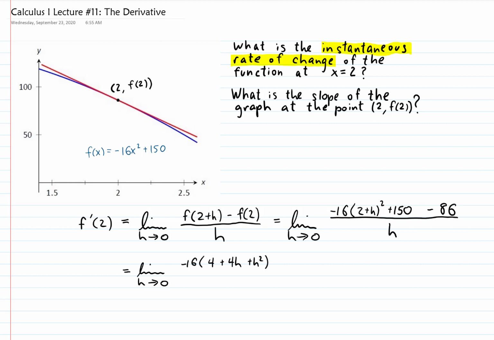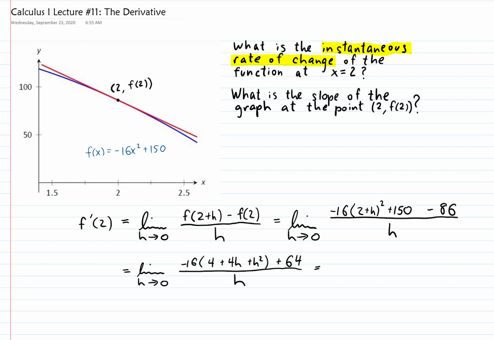And then there's plus 150 and then minus 86. That comes out to be 64. 150 minus 86 is 64, okay, over h. This is all just algebra. You should be able to follow all of that.